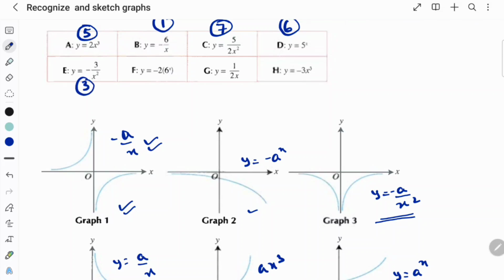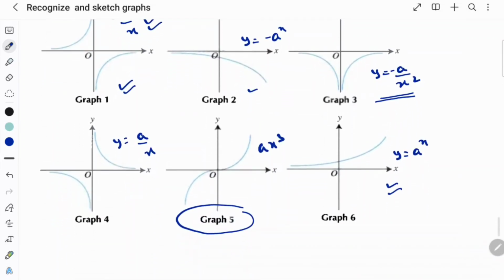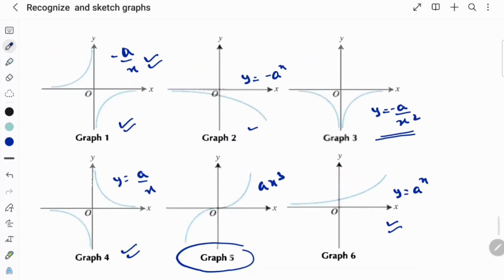Part F, y is equal to minus 2 to the power x. So that is the exponential one. Just go where it is. Yes, it is graph 2. Now we have 1 upon 2x, positive reciprocal, that is, yes, this one, graph 4.